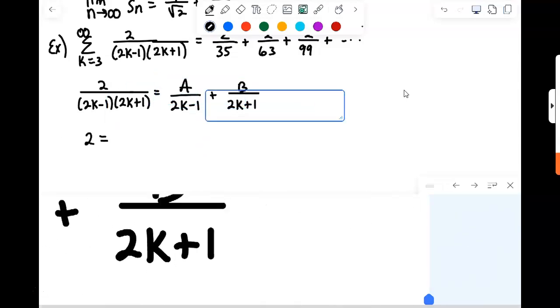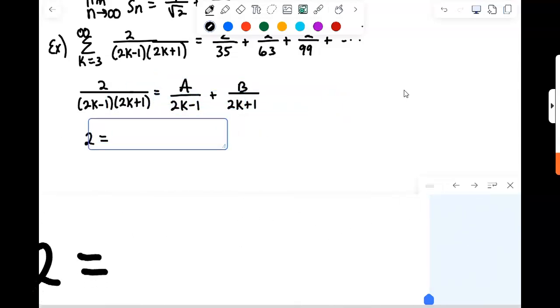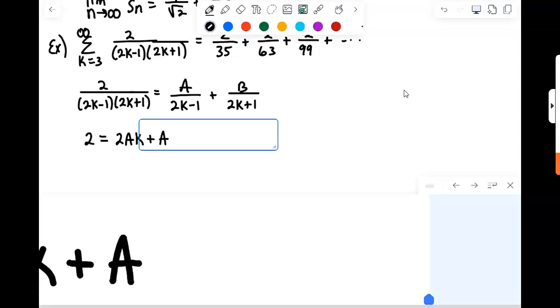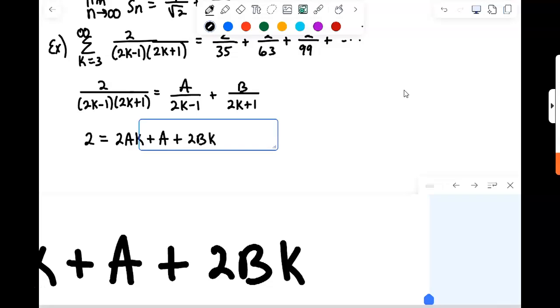On the right-hand side, we're going to have a times 2k plus 1, so that'll be 2ak plus a. And then b times 2k minus 1, that'll be plus 2bk minus b.